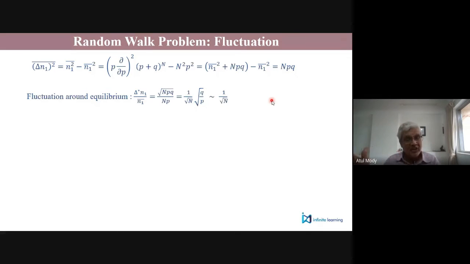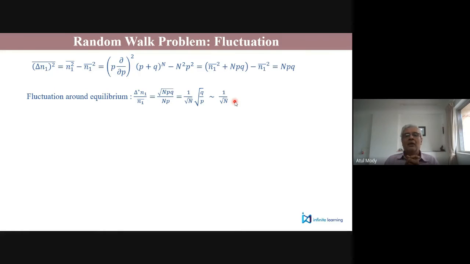And if I take 40,000, it will be 1 by 200, which means as my number of particles or number of steps in this case becomes large, fluctuation from its average value is negligible. Okay. As n becomes very large, 1 by root n becomes very small. So in a small number of steps, there would be too many fluctuations. But if the number of steps is very large, we won't have much fluctuation around the mean value.